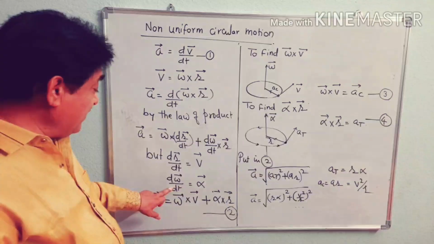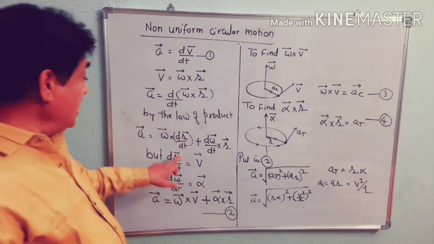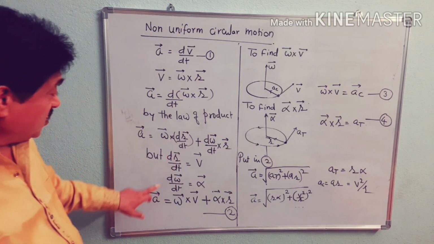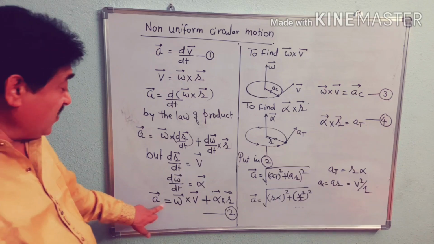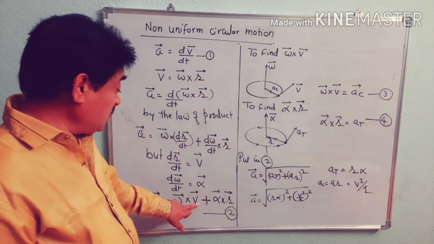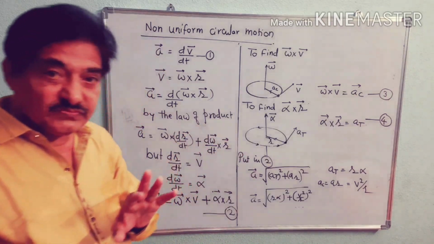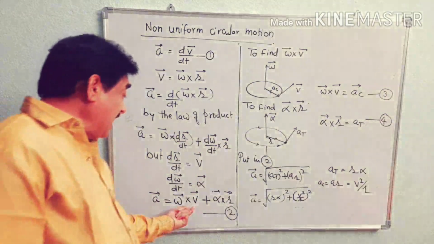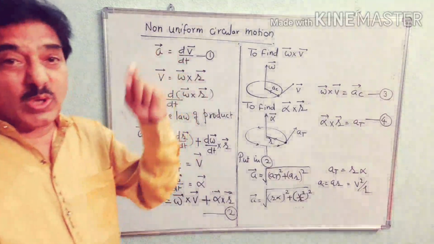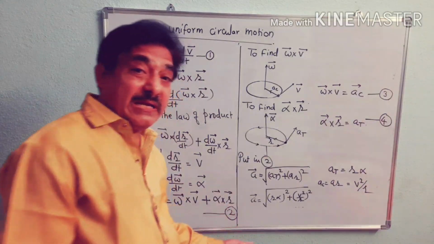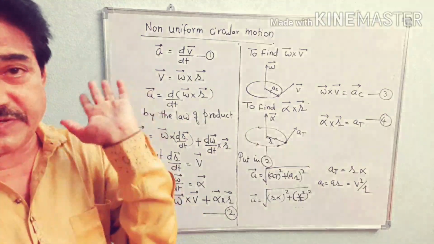So d omega by dt is equal to alpha. Substituting these two values, acceleration a is equal to omega cross v plus alpha cross r. So omega cross v is also an acceleration, and alpha cross r is also an acceleration.